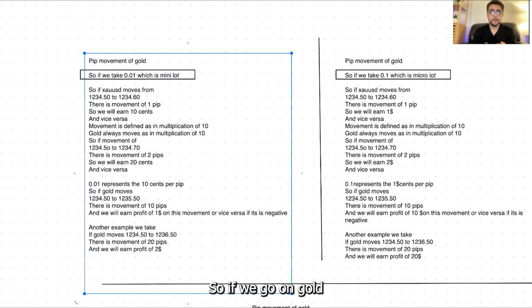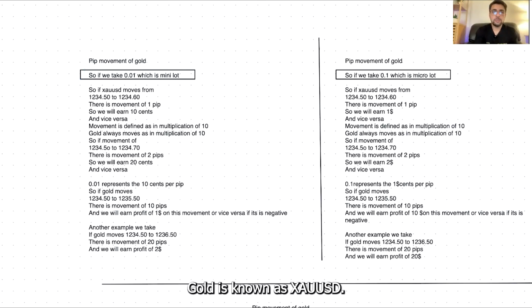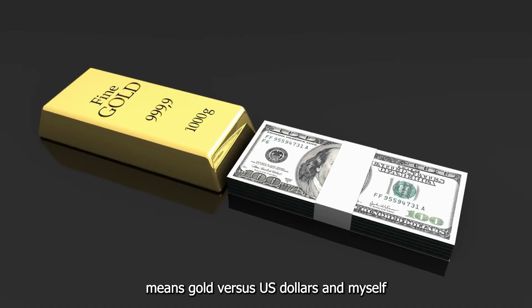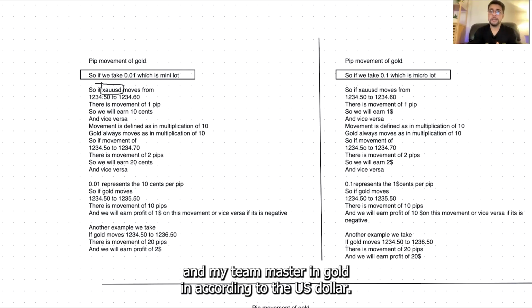If we go to gold, firstly we have to understand that gold is referred to as XAUUSD. We have to learn this. Gold is known as XAUUSD always, in all the brokers. XAUUSD means gold versus US dollars, and myself and my team master gold in accordance with the US dollar.